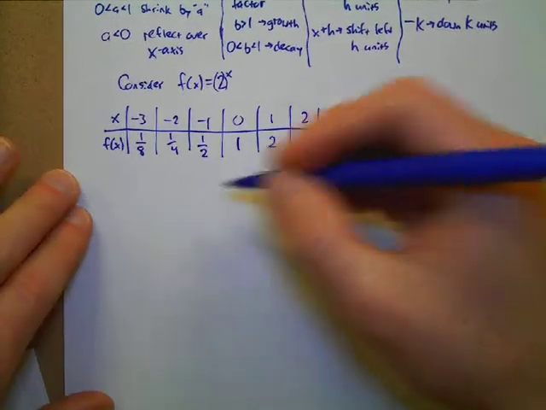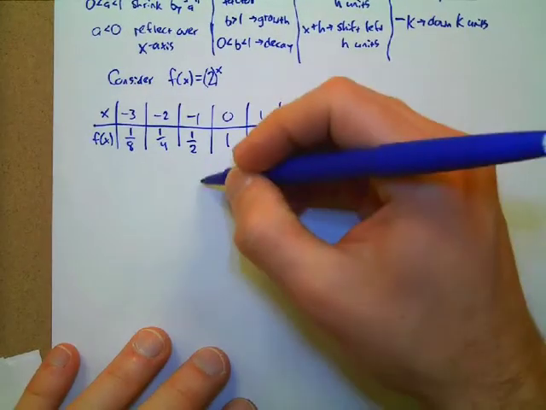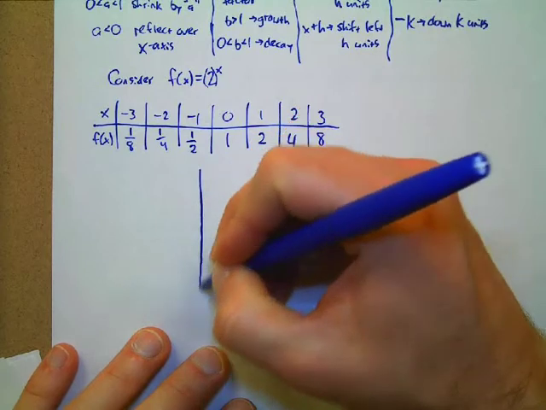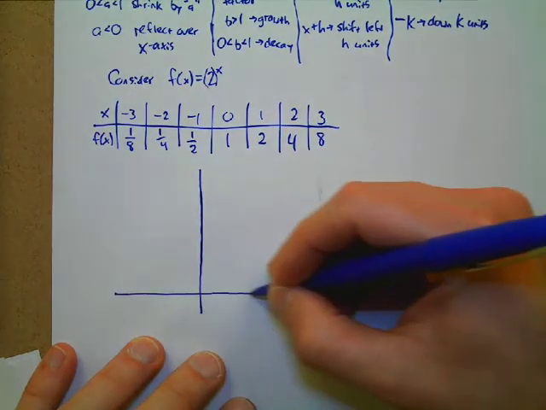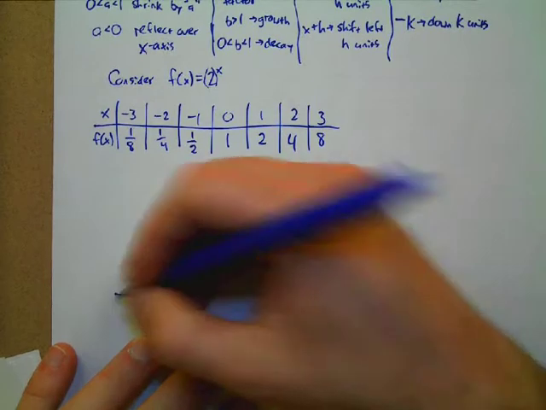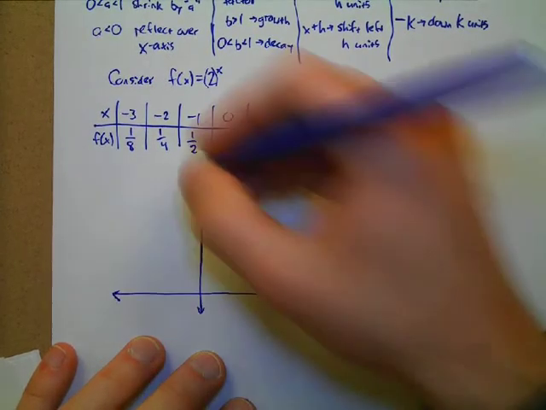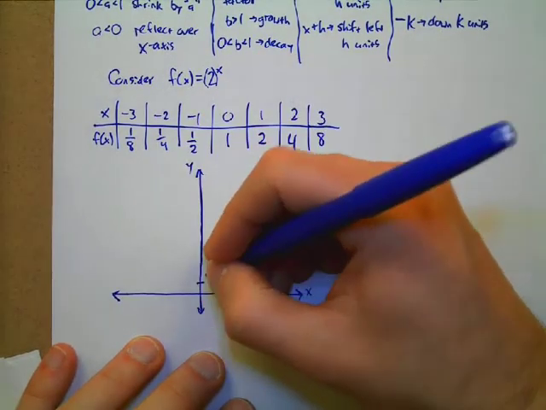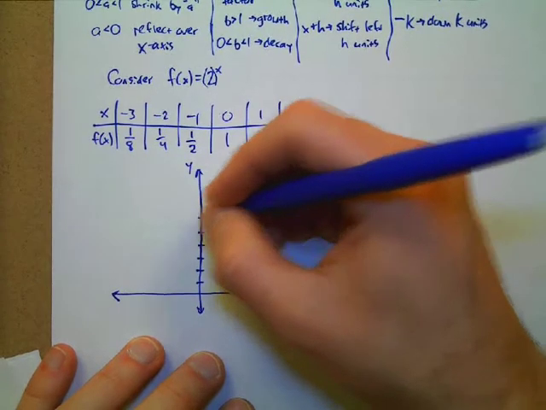So, you can see here that all my y values are positive, so I'm going to focus on the positive part of the y-axis here and kind of ignore the negative part. 1, 2, 3, 4, 5, 6, 7, 8.